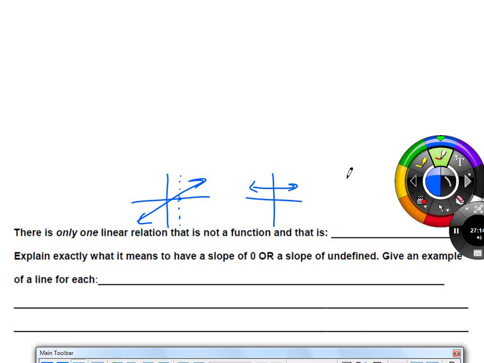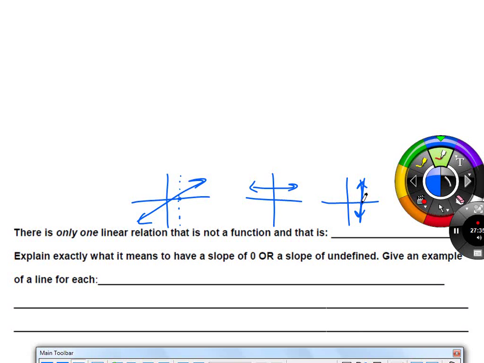Okay. What about a vertical line? It's supposed to be vertical. It would fail the vertical line test, right? It would be all fine until you drew the vertical line that went through here, and then how many times is that crossing that line? Like infinitely many, right? Okay. So that's because this x value, this input, has lots of different outputs.